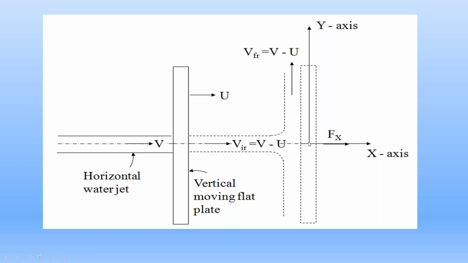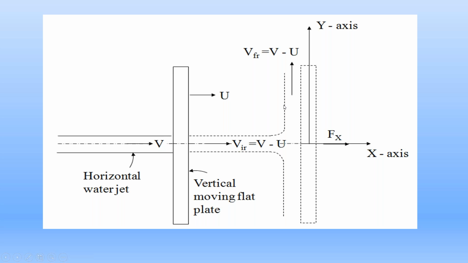Because force Fx is acting on the x-axis and the final relative velocity is acting on the y-axis, the final relative velocity of the water jet in the direction of force Fx is 0.